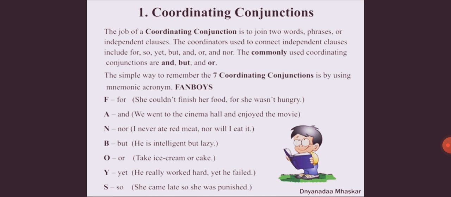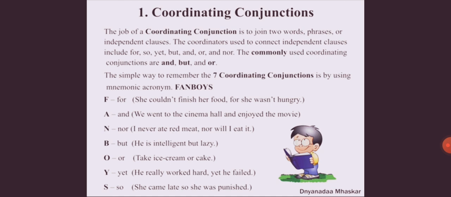The commonly used coordinating conjunctions are and, but, or. The simple way to remember the 7 coordinating conjunctions is using the mnemonic acronym FANBOYS. If you remember FANBOYS, you will remember all the 7 coordinating conjunctions.